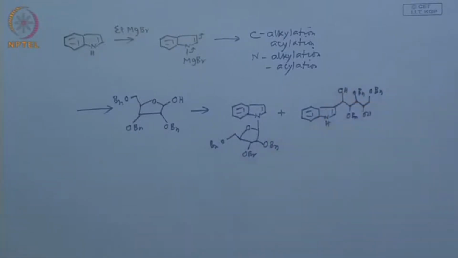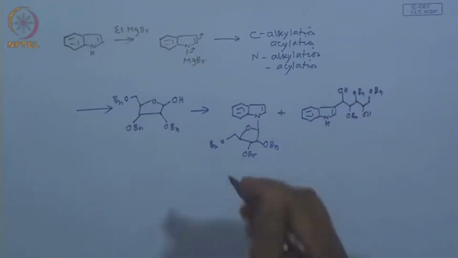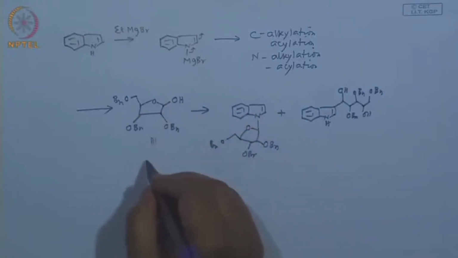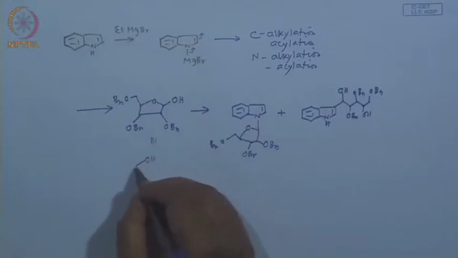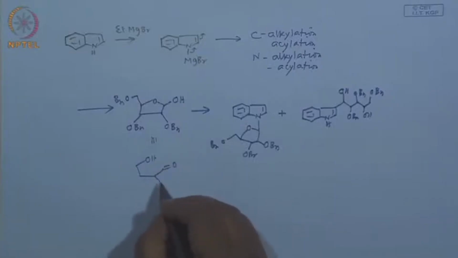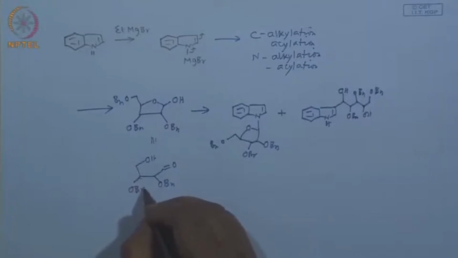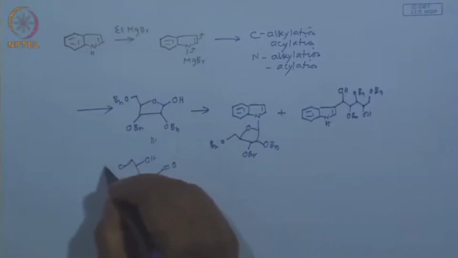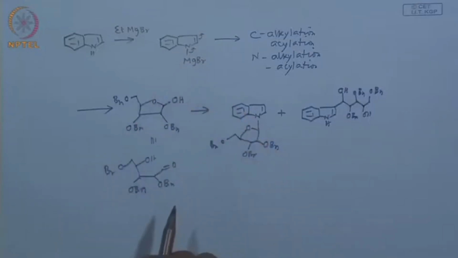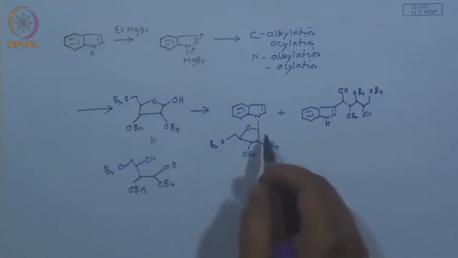This one is OH. Now, I think we can explain this very simply, because if you rewrite, this is nothing but an OH up here, and this is basically an aldehyde. All of us know that sugar is an aldehyde, and in equilibrium they exist as aldehydes. So, that means the starting material itself has dual reactivity, and after the reaction is over, you can get the cyclic and acyclic compound.